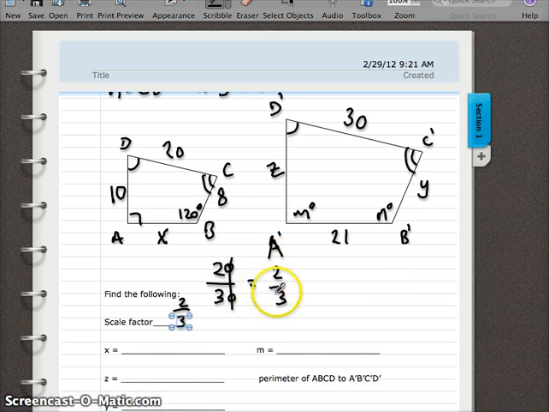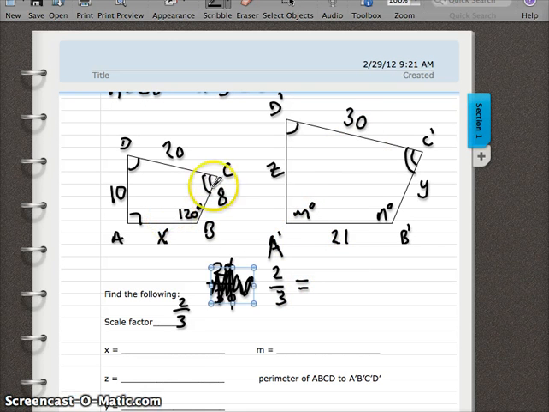So you use this as your first ratio, set it equal to two other corresponding sides. So we know x and we know 21. Since we set our scale factor up comparing the left side to the right side, that's how we got 2 over 3. We did 20 over 30. Then all of our other ratios must be in that same order.